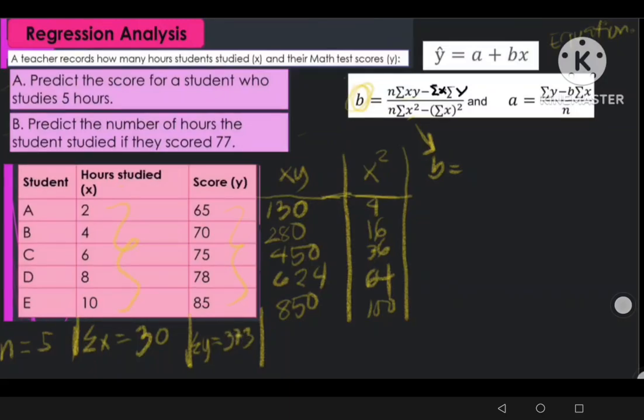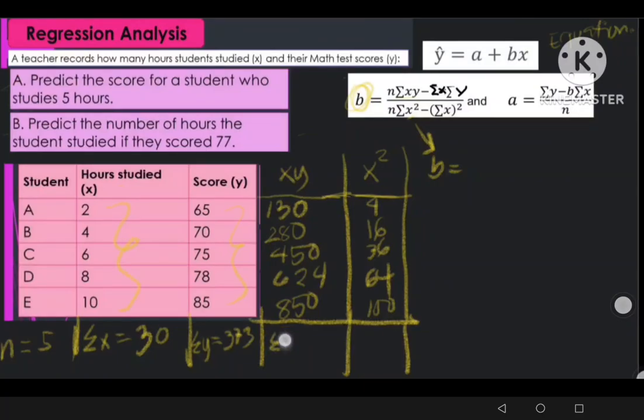Okay, next one, we have here summation of x times y. So you're going to add the result, 130 plus 280 plus 450 plus 624 plus 850. You add that, that's our summation of x times y. Calculate that, you come up with 2,334.